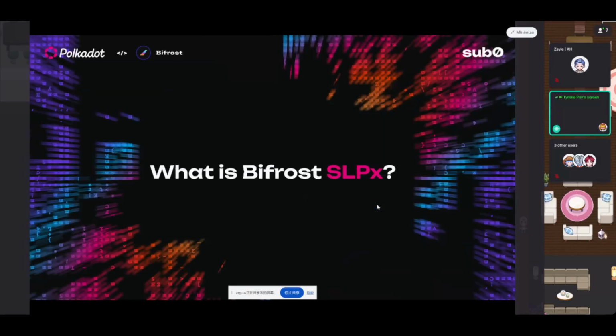So firstly, what is Bifrost? Bifrost is the parachain on the Polkadot ecosystem providing liquid staking services to multiple chains such as parachains and external blockchains like Ethereum. Right now, we've connected with almost seven or eight parachains and external blockchains to provide liquid staking services, like Moonbeam, Astar, Manta, Filecoin, Ethereum, and some more of them.